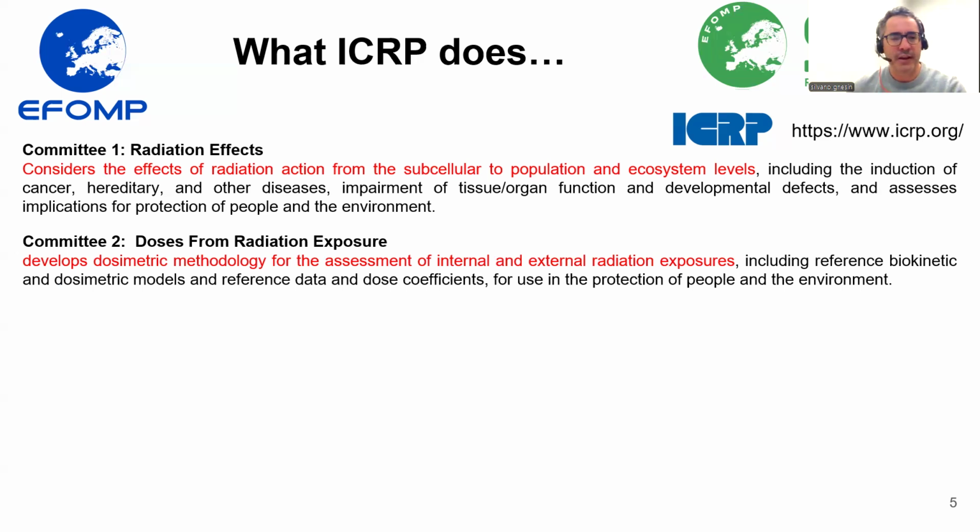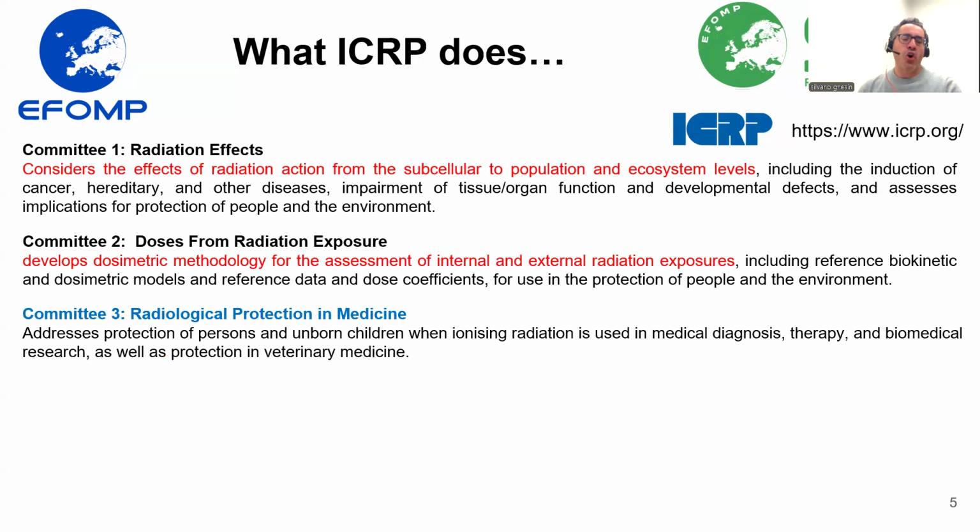Committee 3, which is the most interesting for nuclear medicine applications, is radiological protection in medicine. It addresses protection of persons and unborn children when ionizing radiation is used in medical diagnosis, therapy, and biomedical research, as well as protection in veterinary medicine.